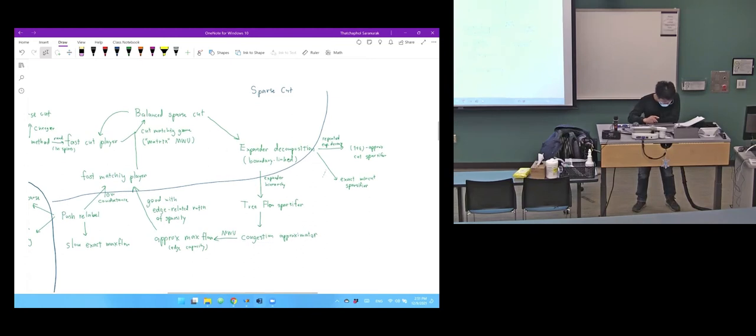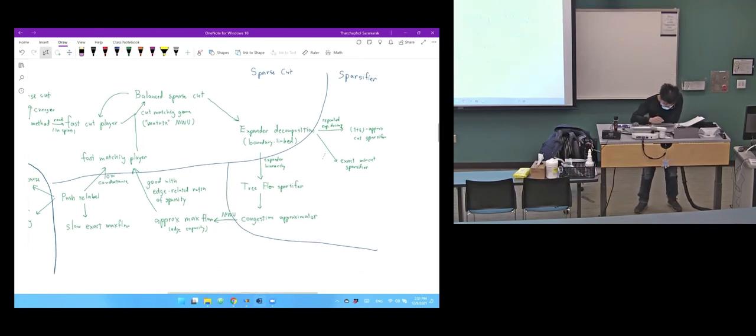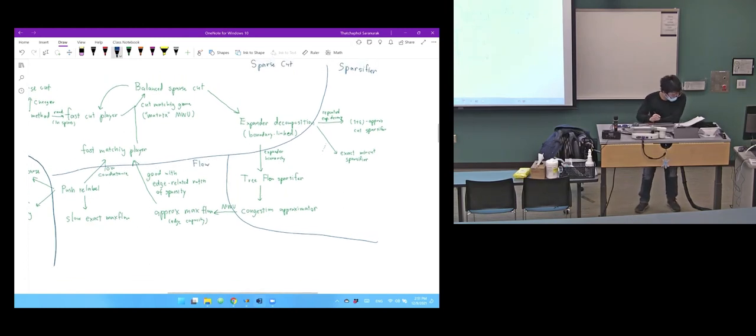And this part is like a sparsifier thing. And this part is like the flow thing. And there are other things that we look at too. It's like minimum cut, min cut.